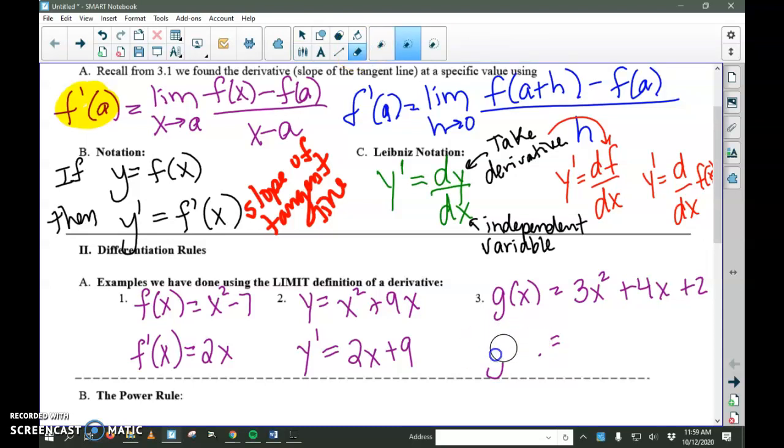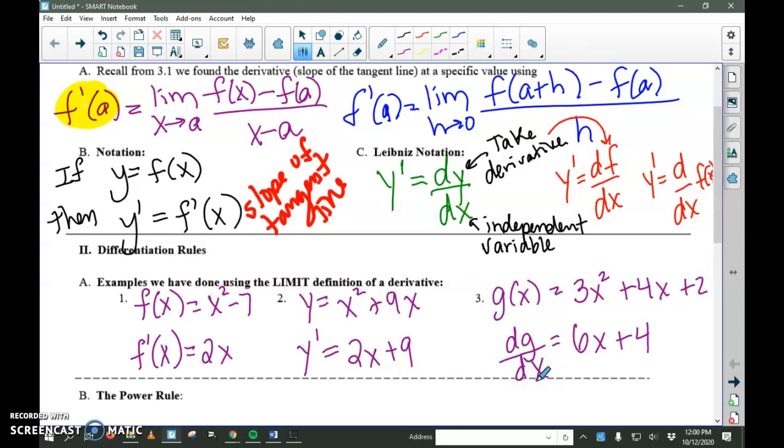The formula related to the limit definition of a derivative, the formula that popped out to give me the slope of the tangent line for any given x value ended up being 6x plus 4. Now we had a's on our paper. Instead of writing g prime, I'm going to use that Leibniz notation. Another way to represent g prime would be to write dg dx.